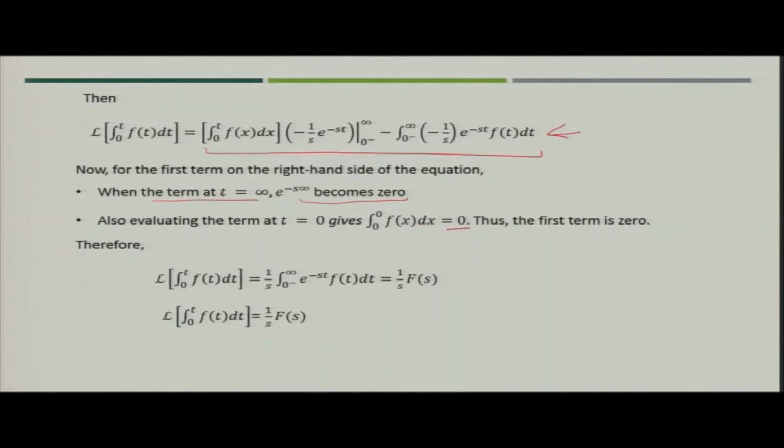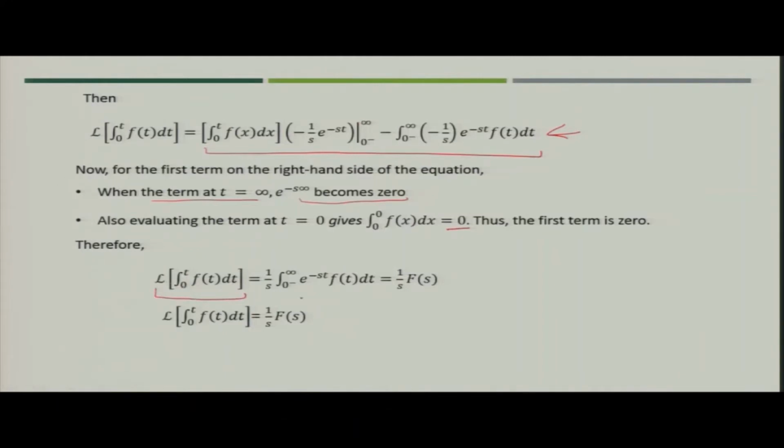So, it means that this first term of the expression is 0 between both of the limits. So, we can ignore this particular term.